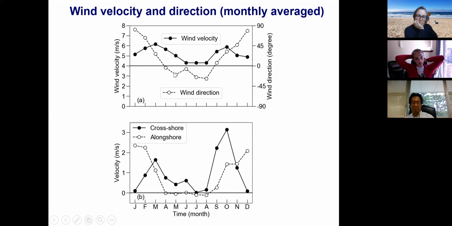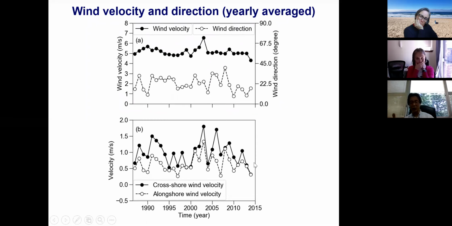As shown in the upper panel, the winds mostly come from the north, and the wind velocity was large from February to April due to the developed extratropical cyclones, and also from September to October due to tropical cyclones called typhoons. In the cross-shore direction, the landward wind velocities are predominant. This probably induced the continual accumulation in the backshore.